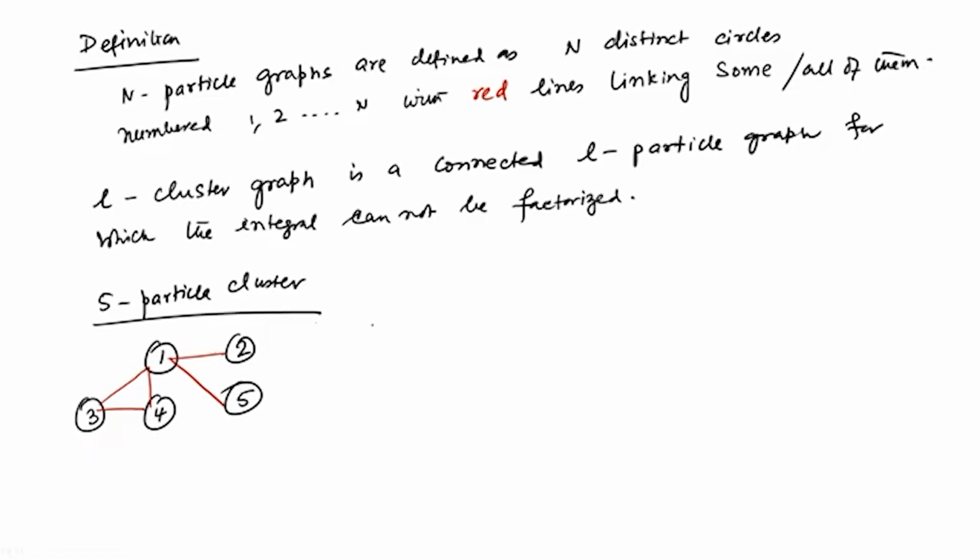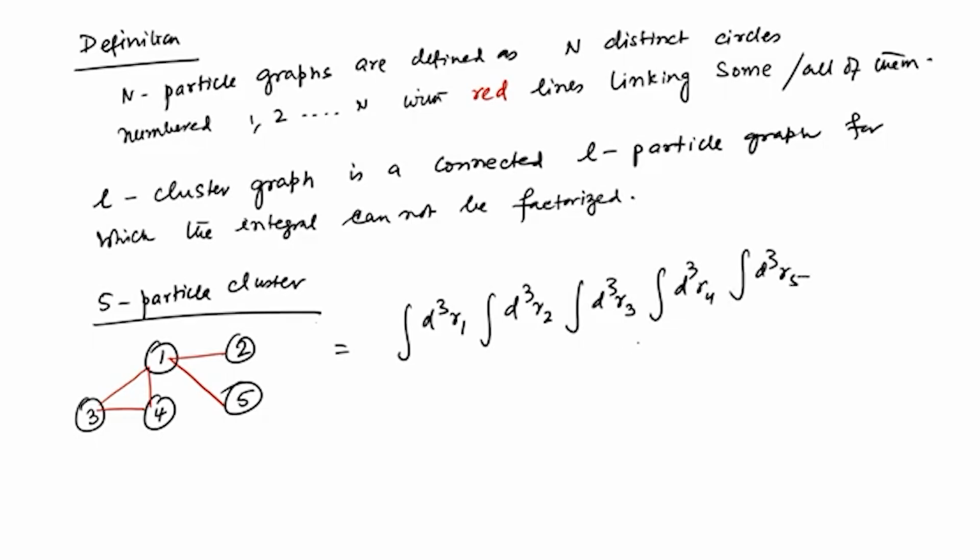This can be written in terms of expressions as: integral d^3r1 d^3r2 d^3r3 d^3r4 d^3r5, and we have terms such as f12, f13, f14, f15 and f34. And this cannot be factorized.